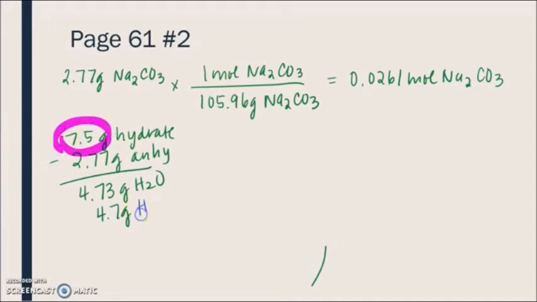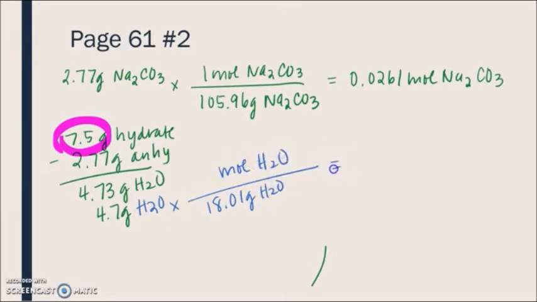So 4.7 grams of water, and then now we've got to convert that to moles. So 18.01 grams of water is a mole of water, and then you're going to plug that into your calculator, and you get 0.263 moles of water.